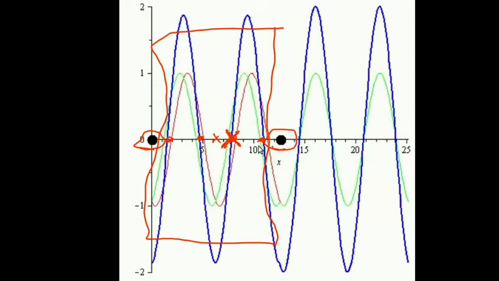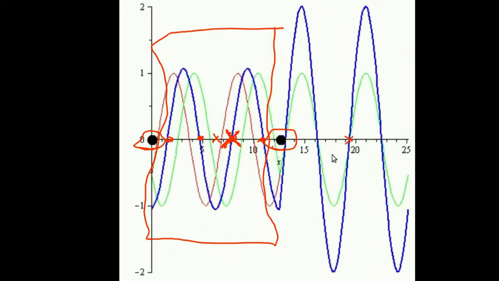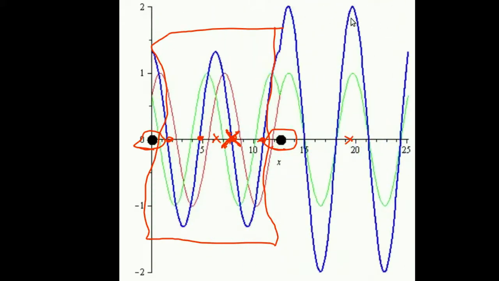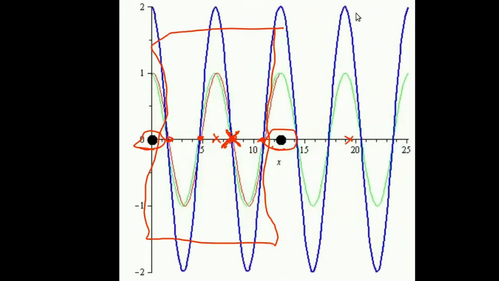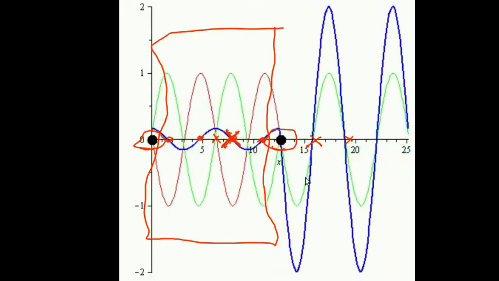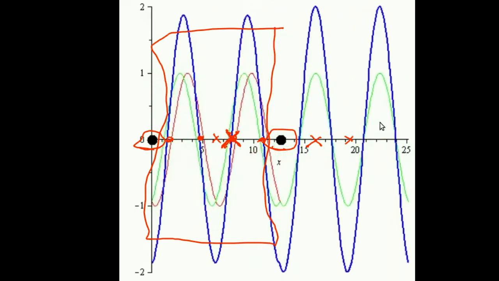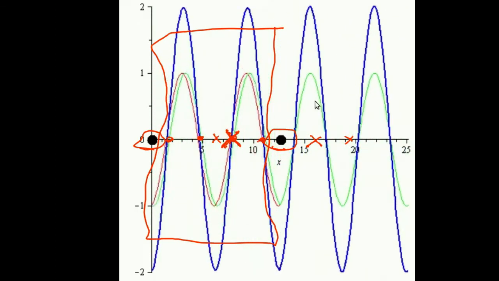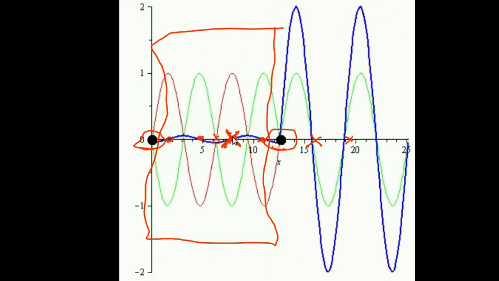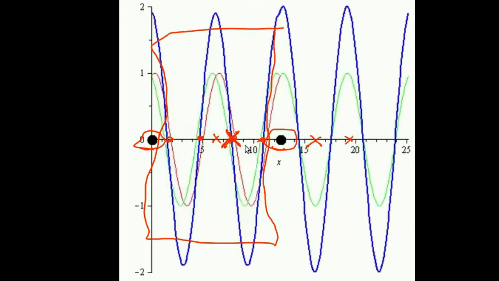If you were sitting here, the water would be going furiously up and down. You're at an antinode. But no matter where you are out here, I'll just pick a random place, the water under you is going up and down and up and down. If you look here as well, the water under you is going up and down. No matter where you look out here, you get constructive interference in a traveling wave, in contrast to the alternating constructive and destructive interference of the standing wave in here.